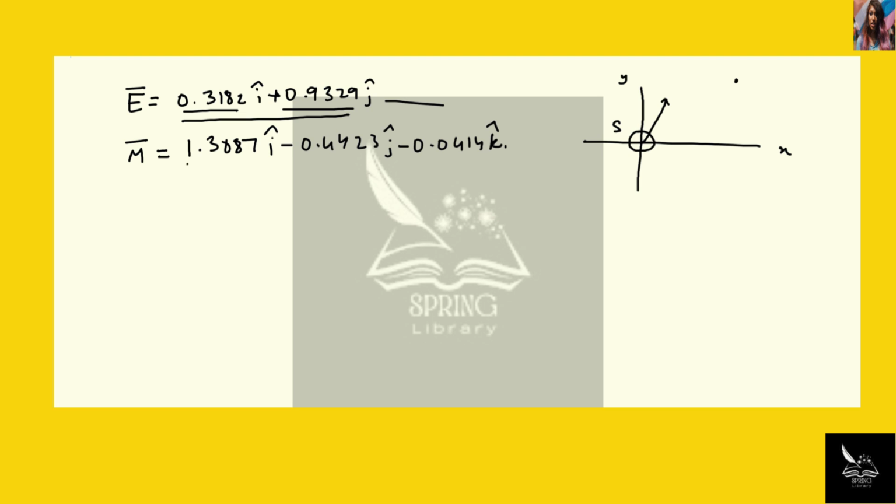Whereas for Mars, the x component is large and positive, and the y component is small and negative, and hence you expect it to be something like this. Hence, this is Earth and this is Mars.